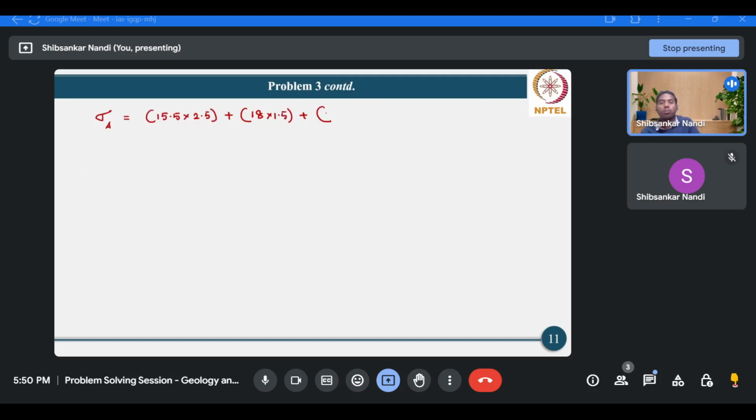So 22 multiplied by 4.5. So it's 164.75.